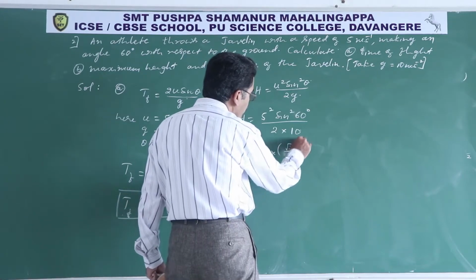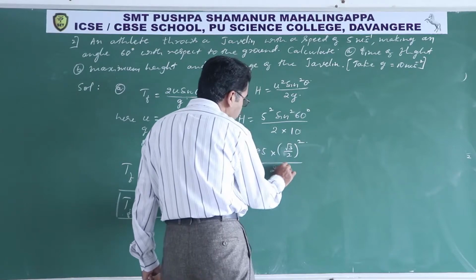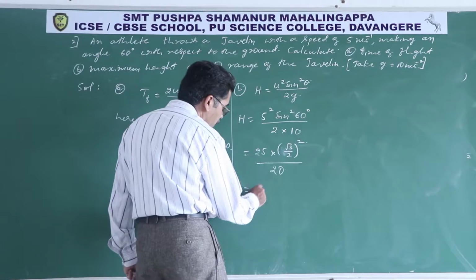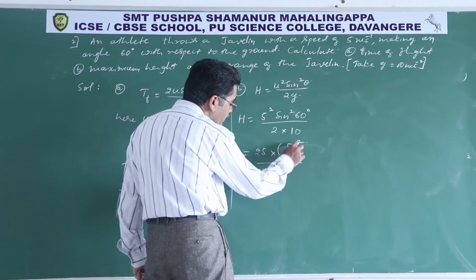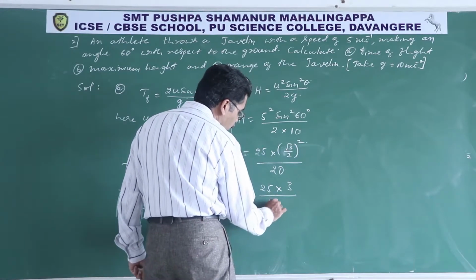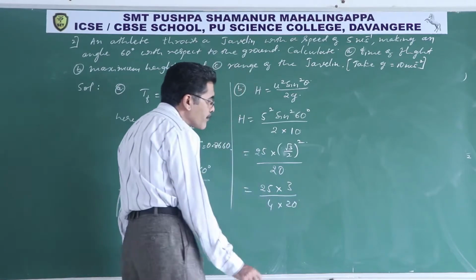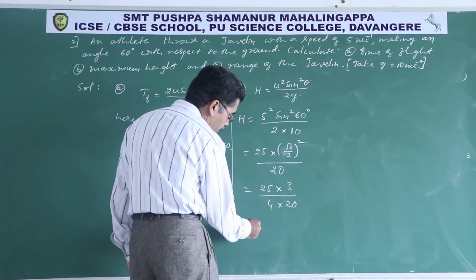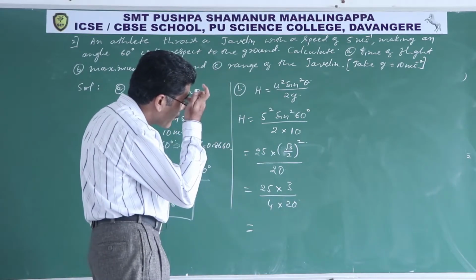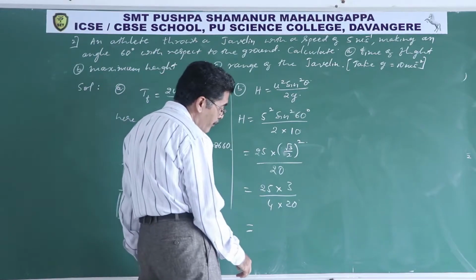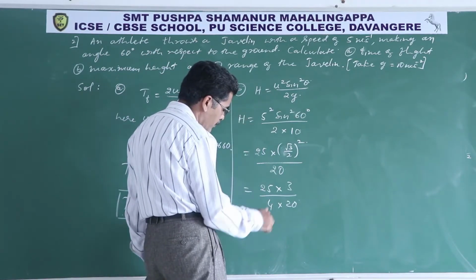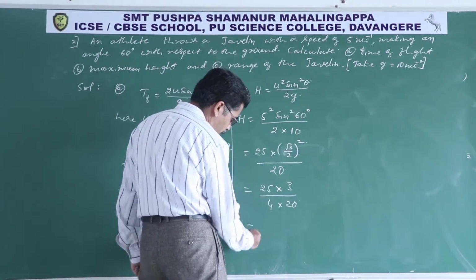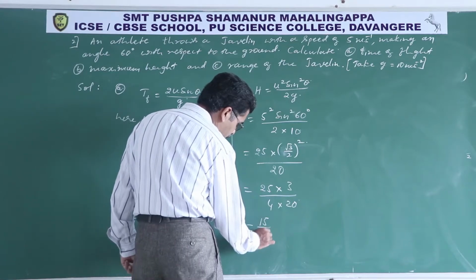Root 3 by 2 whole square divided by 20. So this you are going to get 25 into 3 divided by 4 into 20. Please simplify this. On simplifying, you are going to get 15 divided by 16.